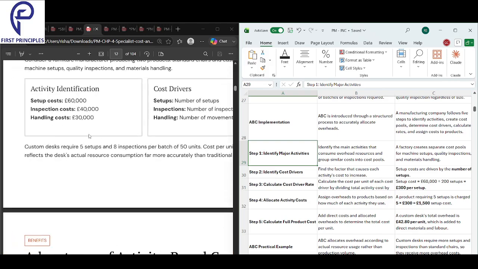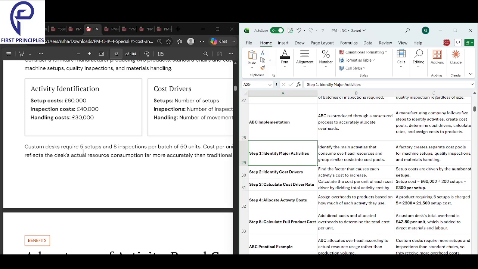Now see here what you're doing. Custom desk requires 5 setups. What is the cost per setup? Into 5. First you found out the cost per setup. You took the total cost, divided it by the number of setups, and got the per setup cost. Your custom desk, the desk that the company is making, requires 5 setups. Next, 8 inspections.